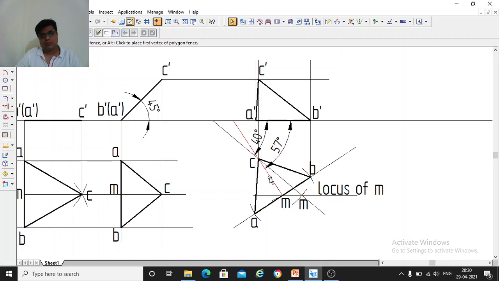Measure the angle of this apparent median, that is called the beta angle. Then from this top view you can draw the front view and name it as A dash, B dash, C dash. So this is the front view of this triangle.